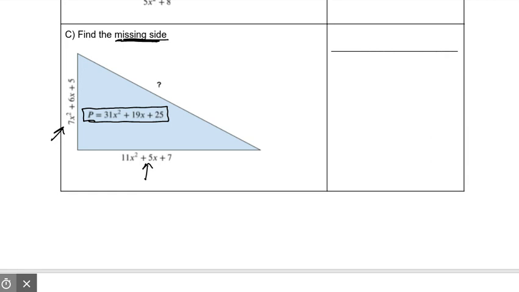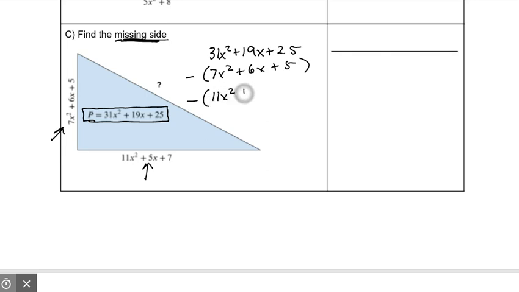So what we're going to do is we're going to start with our perimeter, 31x squared plus 19x plus 25. And this is actually a subtraction problem. I'm going to subtract the 7x squared plus 6x plus 5. I'm also going to subtract 11x squared plus 5x plus 7.